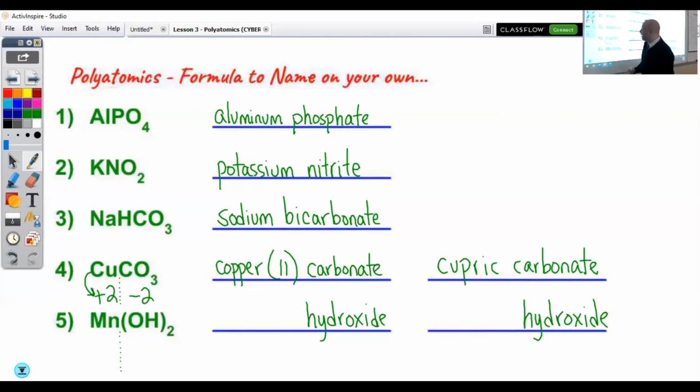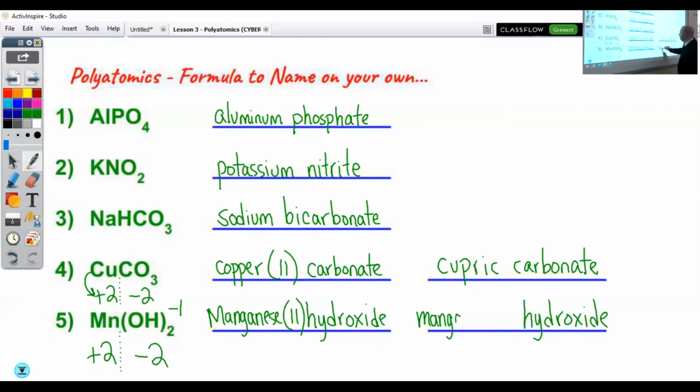Each hydroxide has a -1 charge. Because I have 2 copies of it, I have a -2 charge on the right side. That means the left side has to be a +2 charge, and thus manganese with a +2 charge, manganese(II) hydroxide, also known as manganous hydroxide.